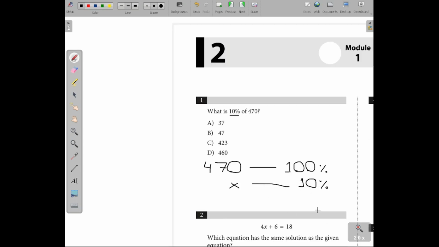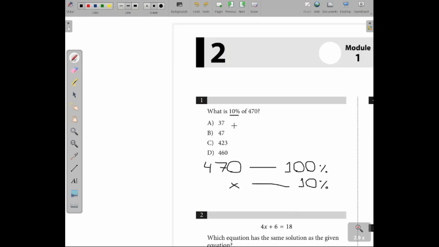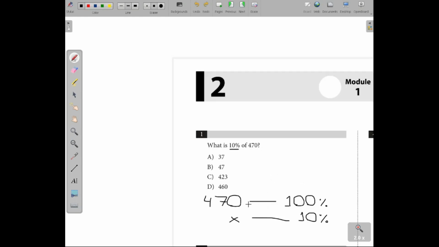Just for another example that could be in the test, if they ask for 30% or 20%, you just change this percentage. Right now it's 10%. So we just multiply this 470 times 10 and we divide it by 100.